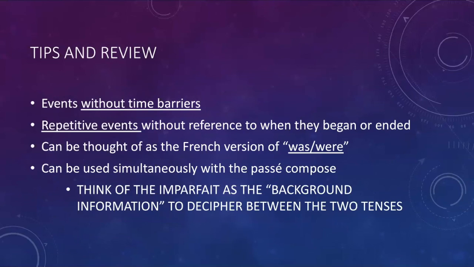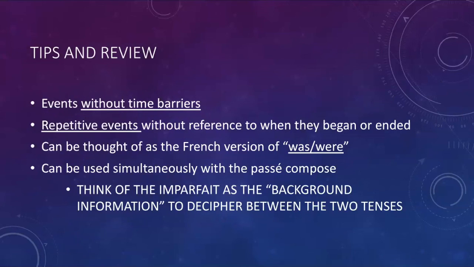And one thing that can really start to get a little tricky is when the imparfait and the passé composé are used together because they can be used simultaneously. However, how I think of it and what really helps me is to think of the imparfait as the background information in the paragraph or story to decipher between the two tenses.